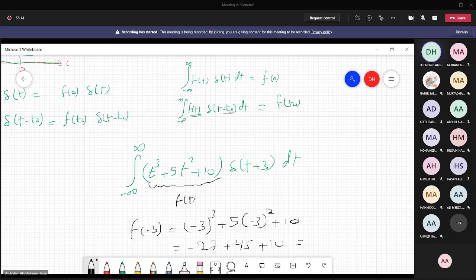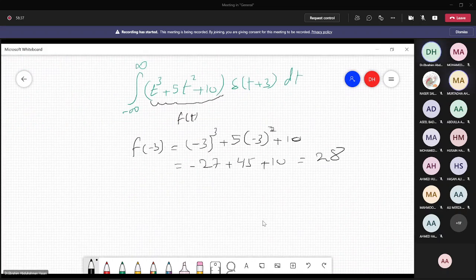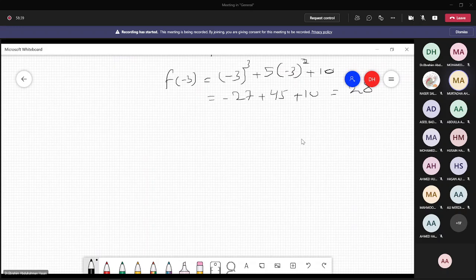So 45 plus 10 is 55, minus 27, which is equal to 28. Any question? Clear? Okay.